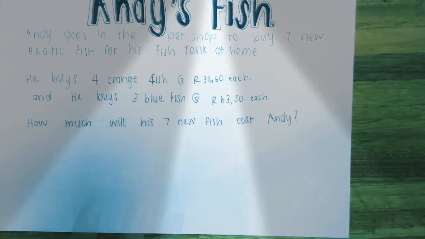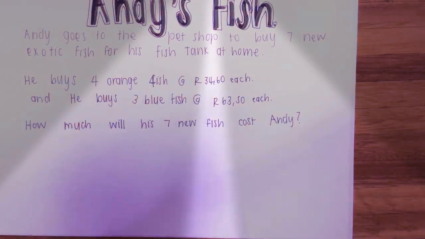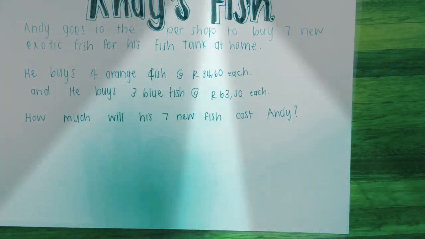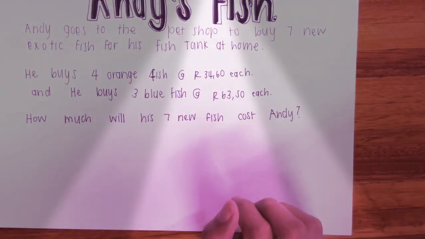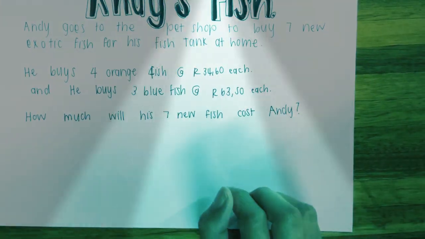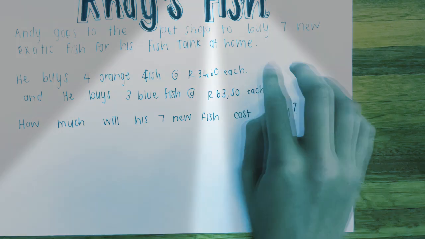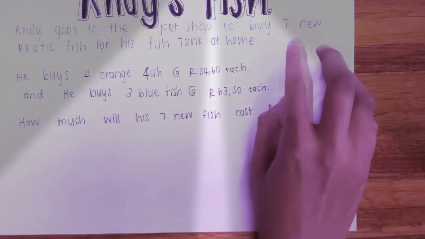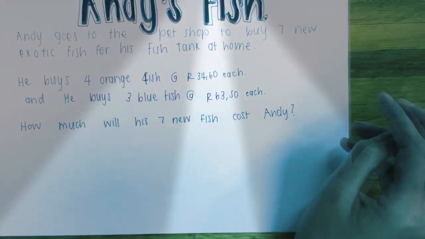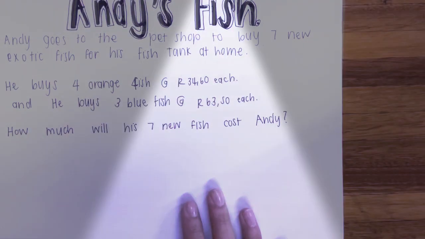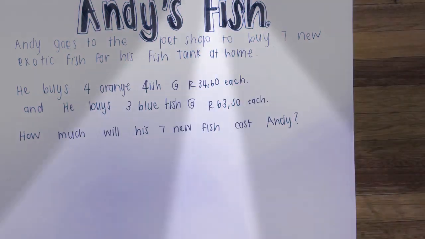No, 4 orange fish and 3 blue fish. Then we also multiply the 3 blue fish by 63 Rand 50. We can either say 4 times 34.60, or we can add up 34.60 4 times. But I think that multiplication will be quite quick.